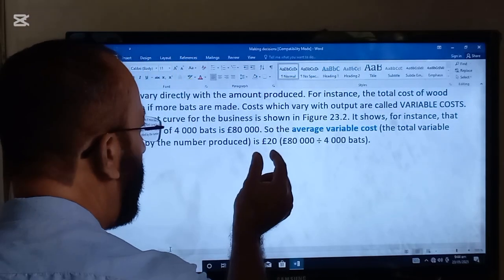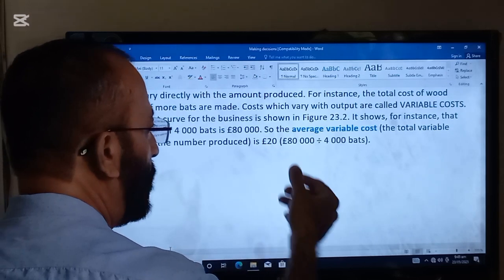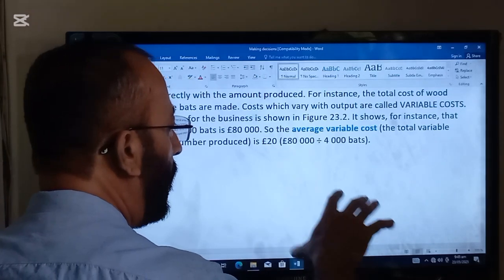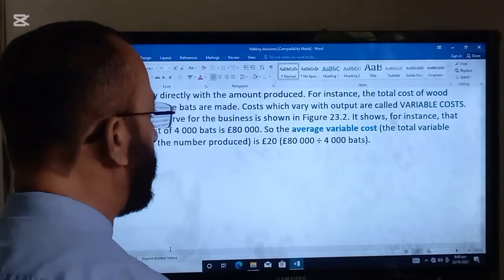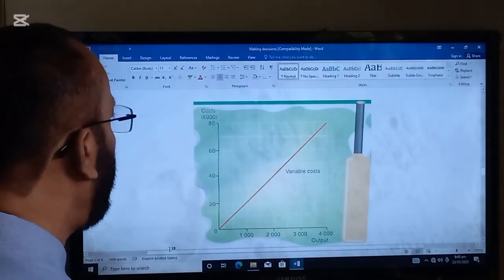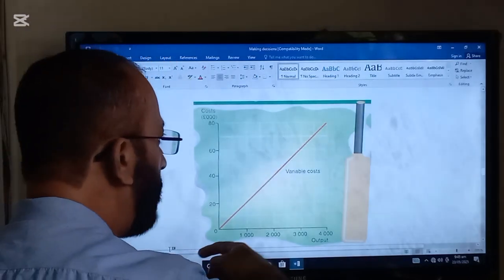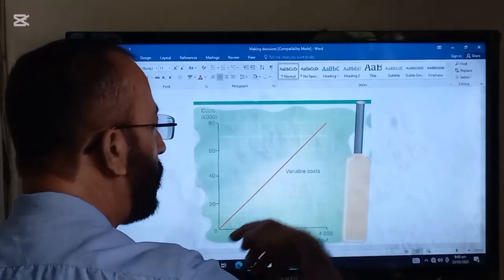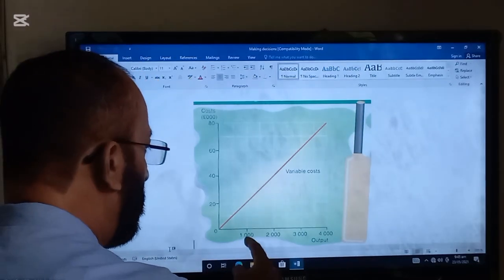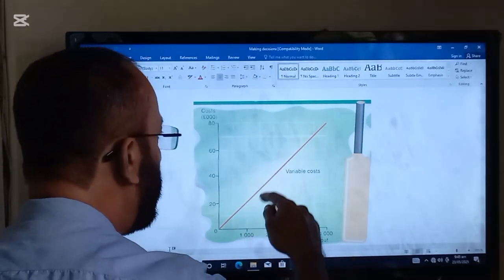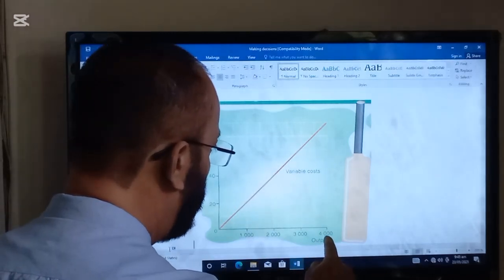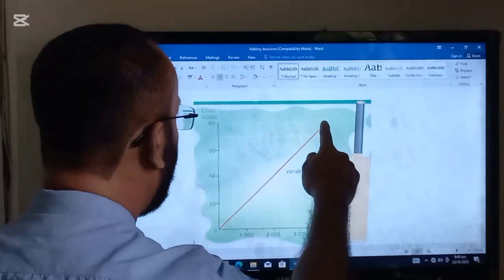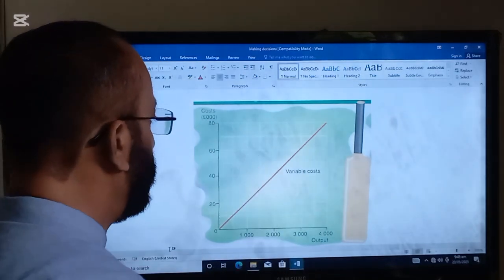So this is the average variable cost which we have to pay for producing one bat. So this is the variable cost line. The more bats are produced, the higher the cost. For example, when we are producing 4,000 bats, cost will be 80,000 pounds.